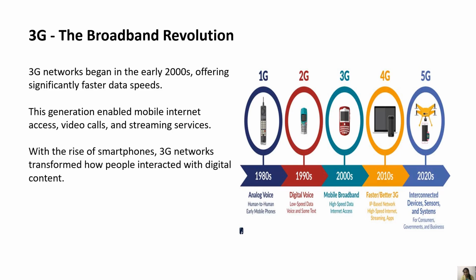It is mobile broadband, high-speed data. Internet access is also available in 3G. And next is 4G. It was introduced in 2010. It is faster and better than 3G. And next is 5G. It was introduced in the 2020s. It is interconnected devices, sensors, and so on.